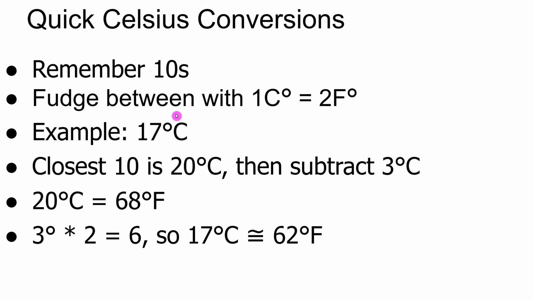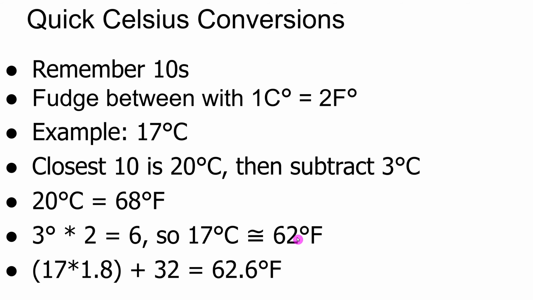So 68 minus 6 is 62. 17 degrees Celsius is approximately equal to 62 degrees Fahrenheit. Let's see what the real answer is. 62.6, so off by 0.6 degrees, not too bad at all. That's less than 1%.